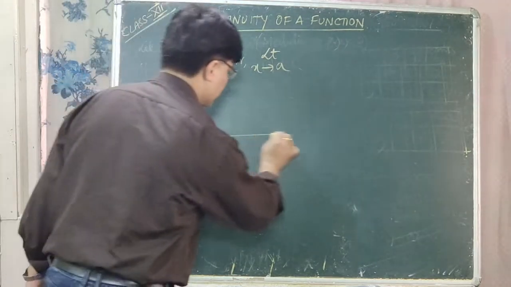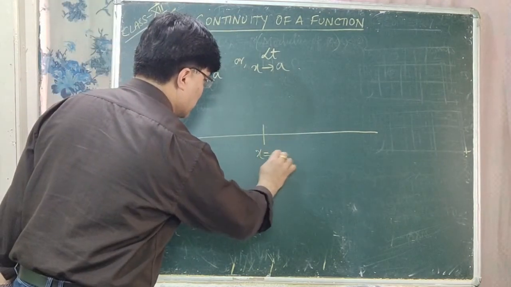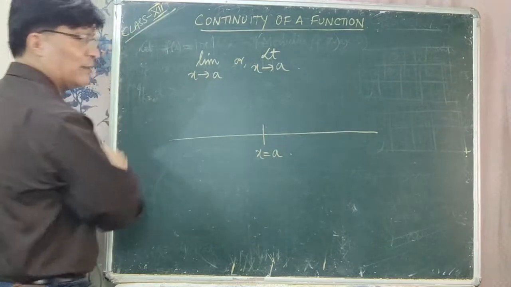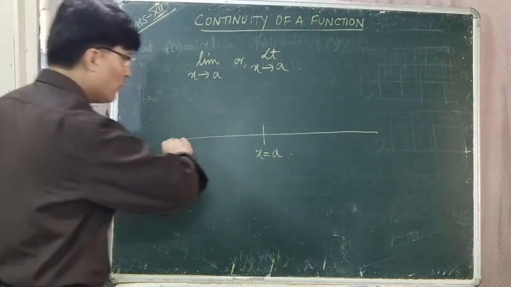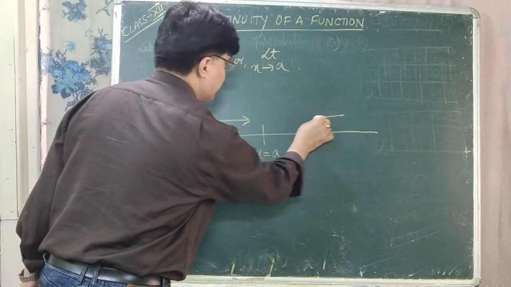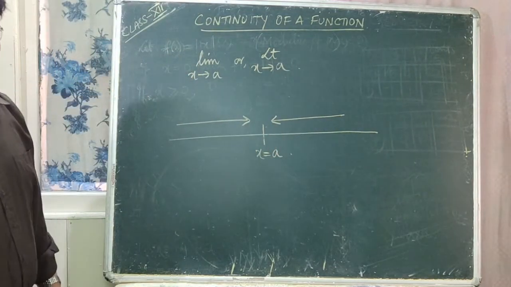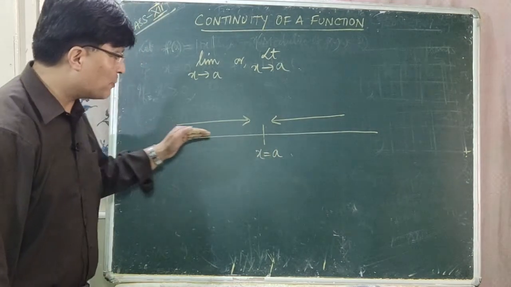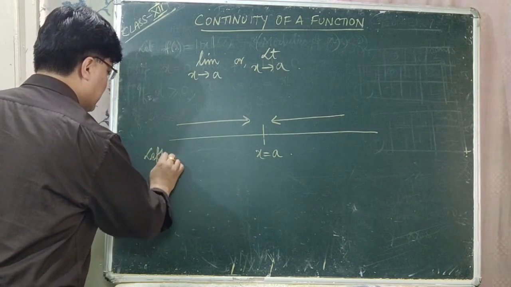Let us consider a number line. This is x is equal to a. Limit x tends to a means x is approaching a from the left hand side or from the right hand side. If x approaches a constant quantity a from the left hand side, then this is known as left hand limit.